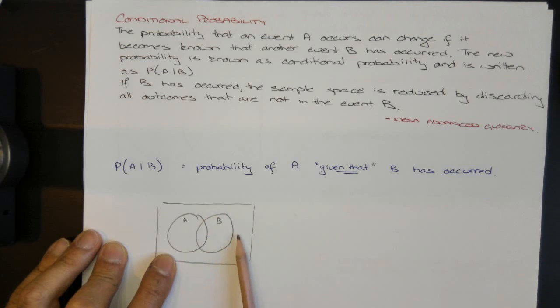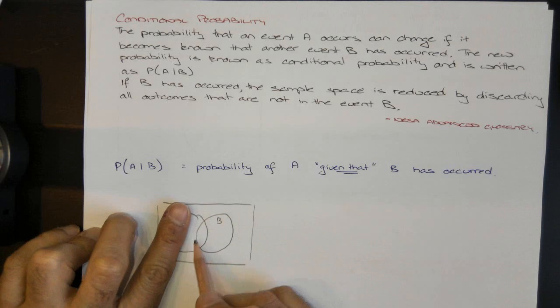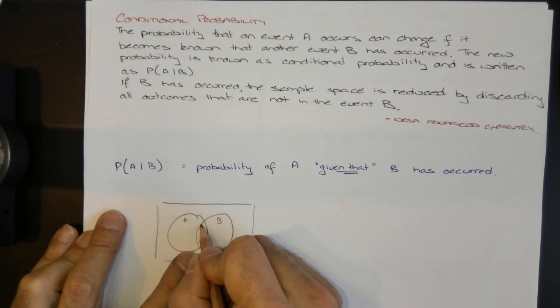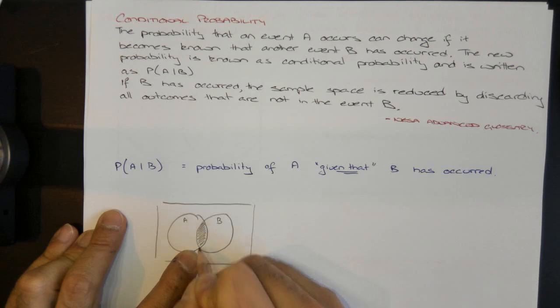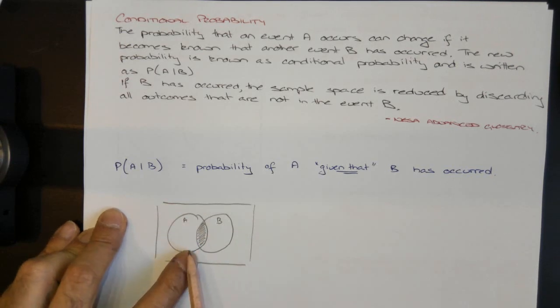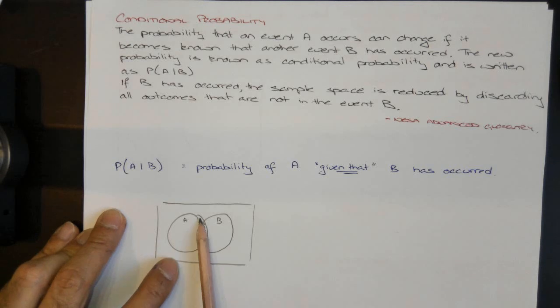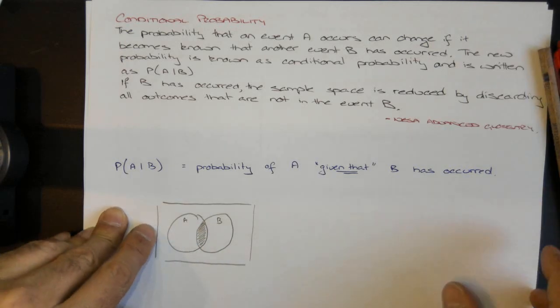B has to happen first, that's all of this part. For A to occur, I only have this bit in here. So my sample space is reduced. This has to happen first, leaving me only this part left. Okay.